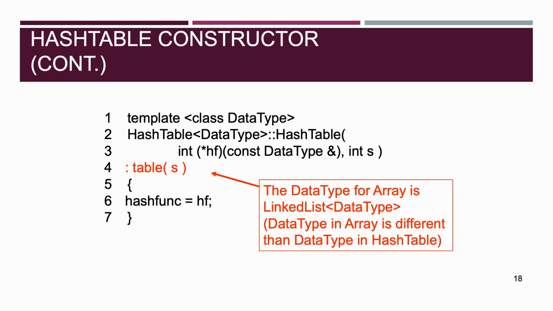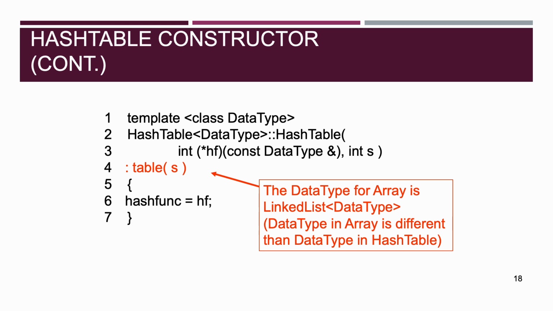Okay, now if we go deeper, we notice an important detail here. In the initializer list with table s, the data type for array is actually linked list data type. This means that while data type in hash table refers to the data type of the items that will be stored, array itself holds linked list instances as its elements. Essentially, the array is an array of linked lists, each capable of holding elements of data type.